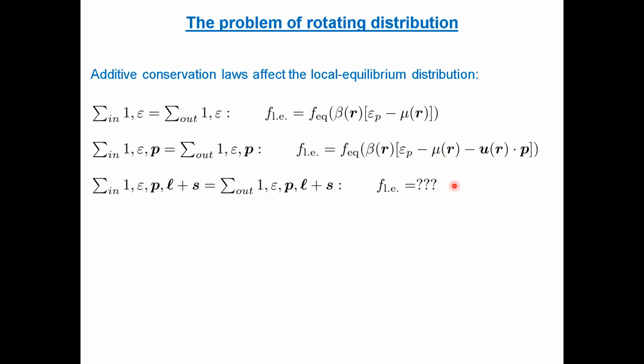If you add momentum conservation to this list, you get another Lagrange multiplier, which ends up being the velocity of macroscopic flow of the fluid, this U of R. So what happens if there is an additional conservation law associated with angular momentum conservation, and there is an internal angular momentum of the particles?